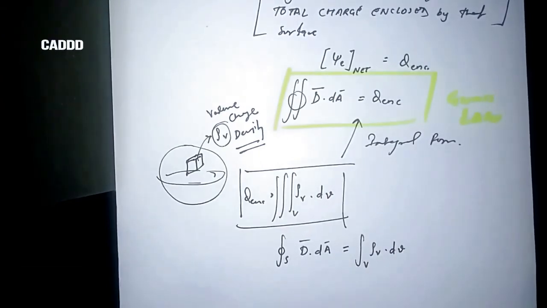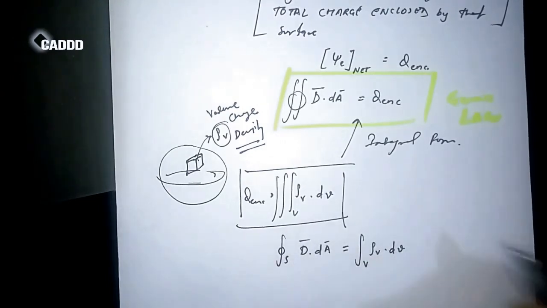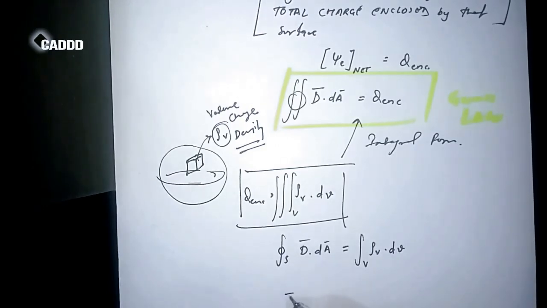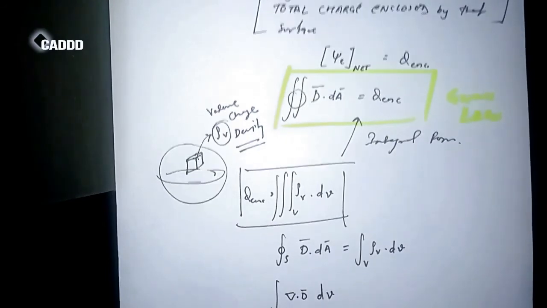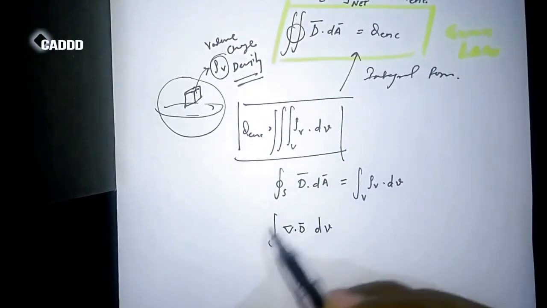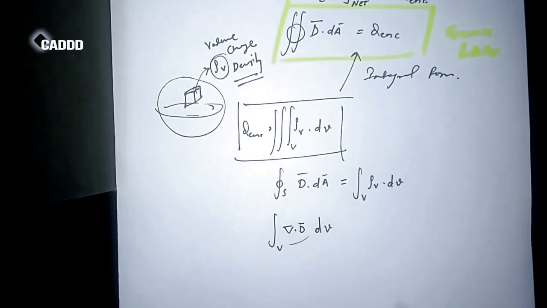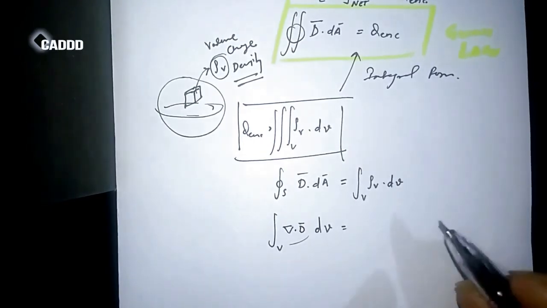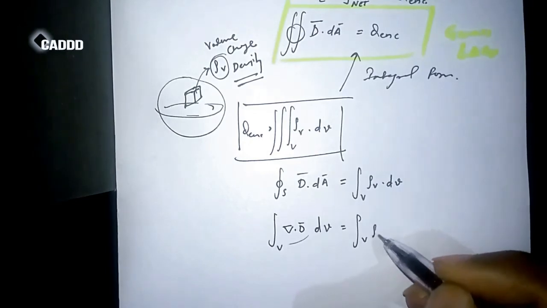According to the divergence theorem, we know that this closed surface integral is the same as taking the divergence of the field and getting the volume integral of that field. So we got this thing here.